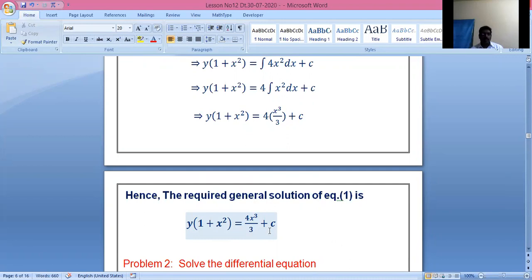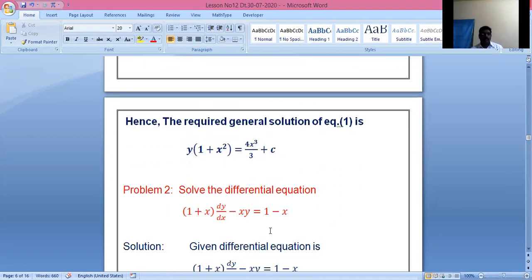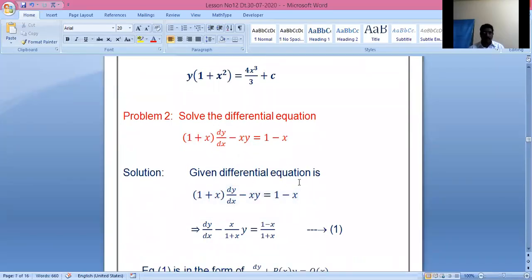Now, problem 2. Solve the differential equation (1 plus x) into dy by dx minus xy is equal to 1 minus x. Here the given differential equation is (1 plus x) into dy by dx minus xy is equal to 1 minus x.